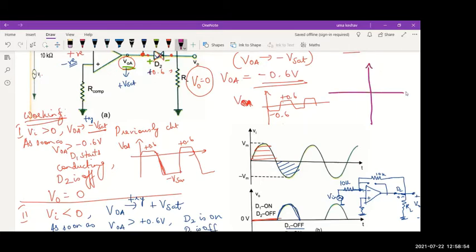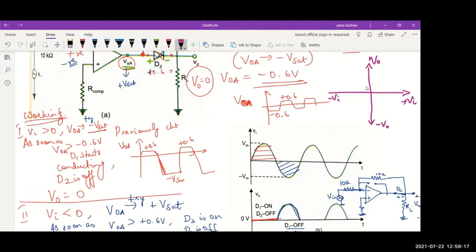Okay. This is V0 versus Vi. This is negative Vi and this is positive Vi, and this is positive V0 and this is negative V0. So you can observe what is happening initially for Vi.